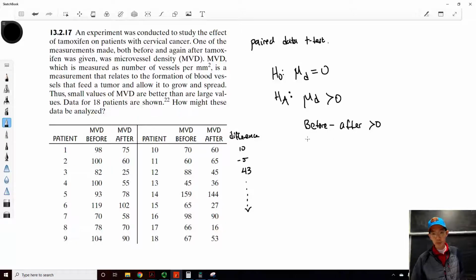Before we had large MVD, and after we want small MVD, which indicates that the drug is effective.